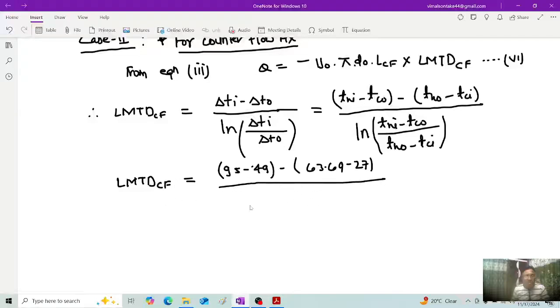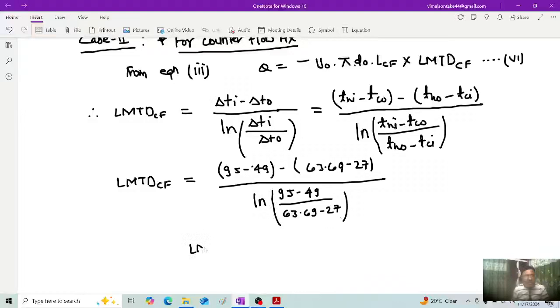Divided by log of 95 minus 49 divided by 63.69 minus 27.